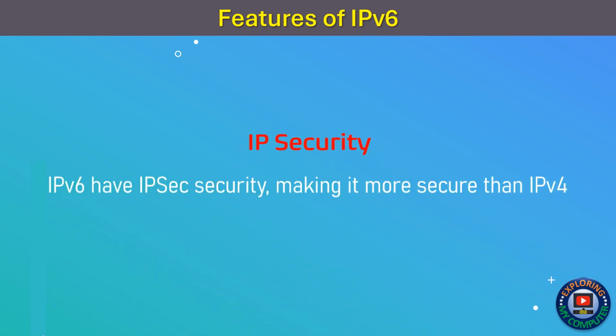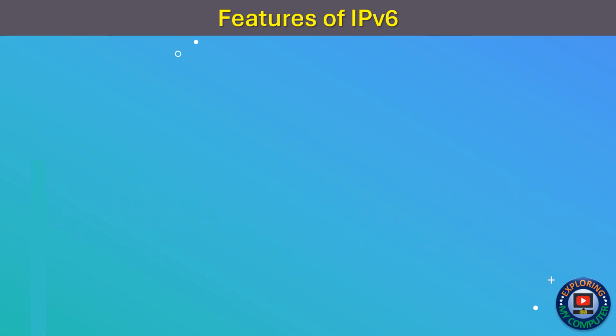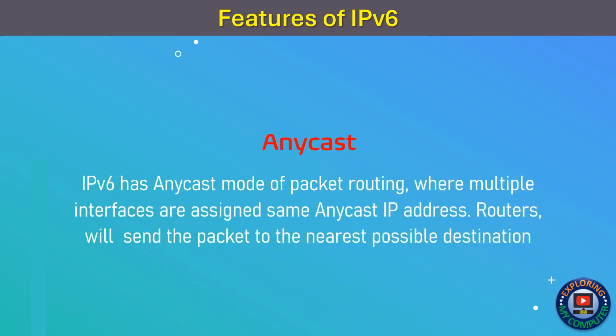IPv6 has IPsec, making it more secure than IPv4. IPv6 has Anycast mode of packet routing, where multiple interfaces are assigned the same Anycast IP address.